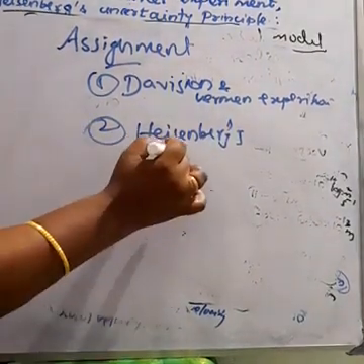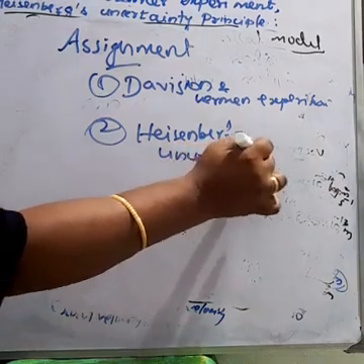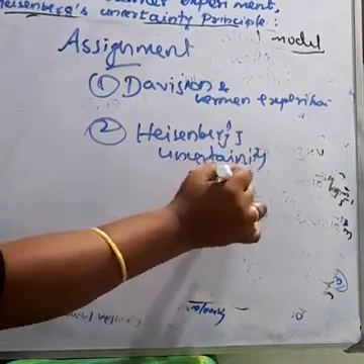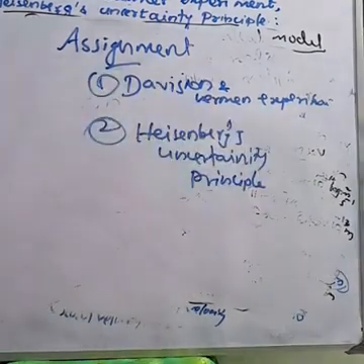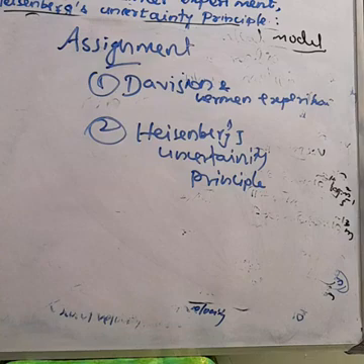Some students asked me to mark the questions in the book. So I am going to mark the questions in your book now. Those who have the book, check it now.